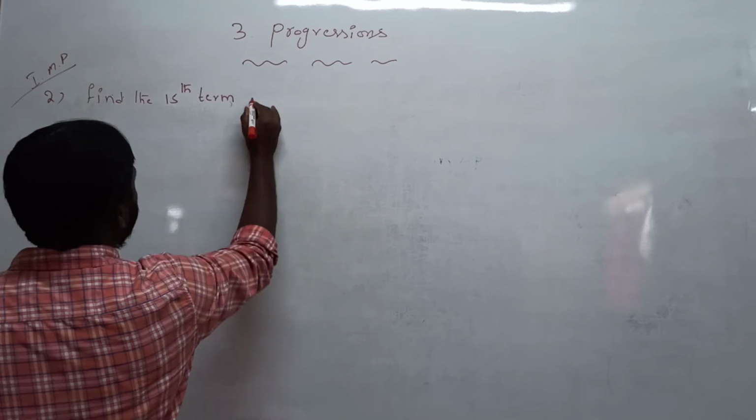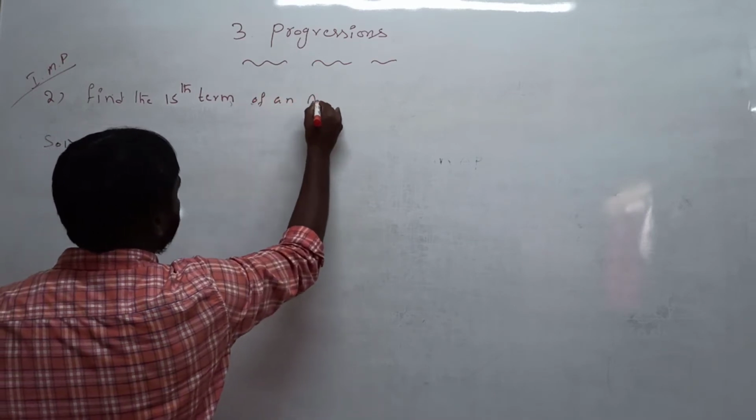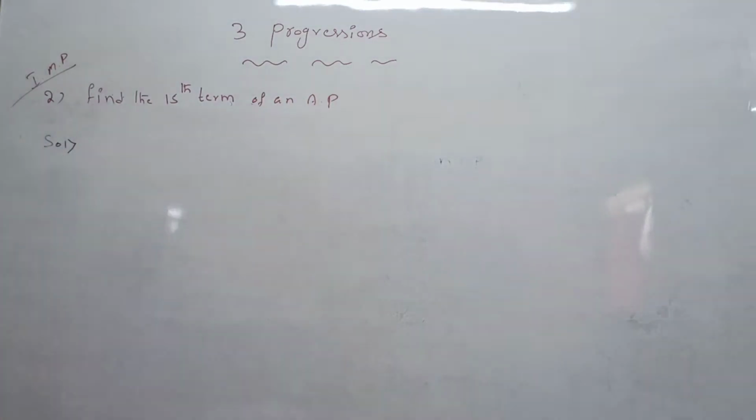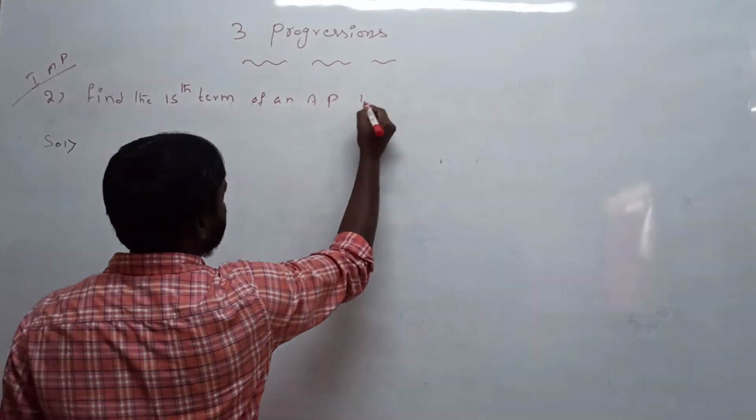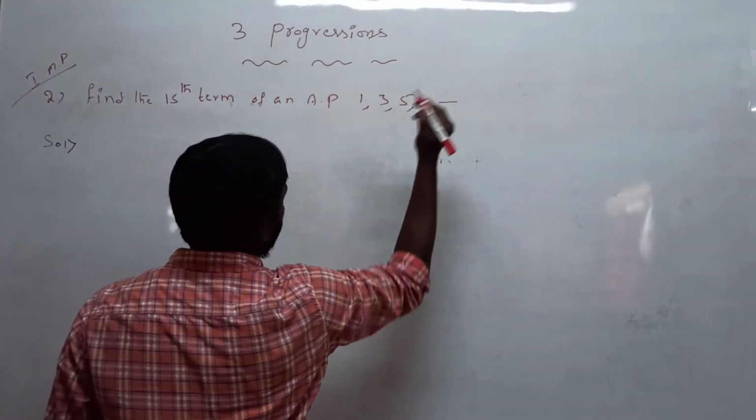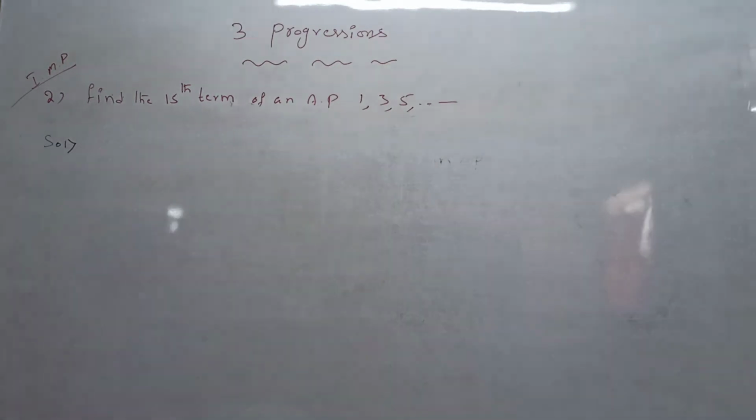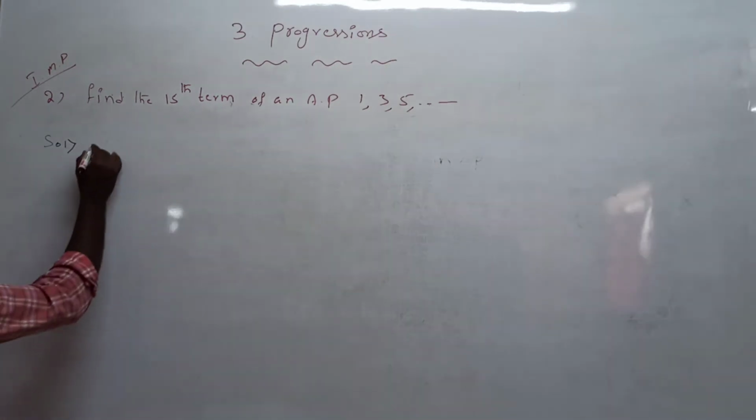Find the 15th term of an arithmetic progression 1, 3, 5, and so on. How to find the 15th term? What sequence are they given?